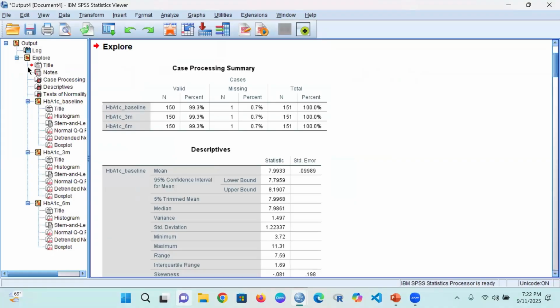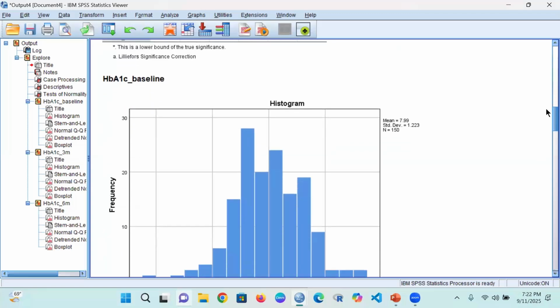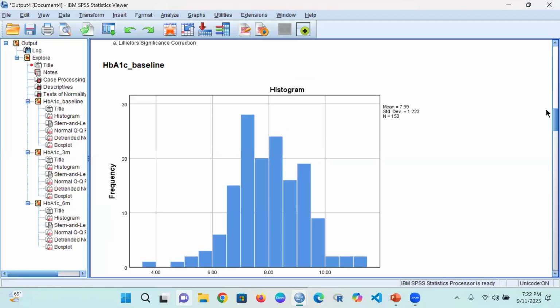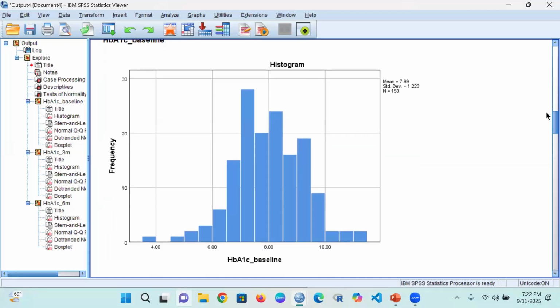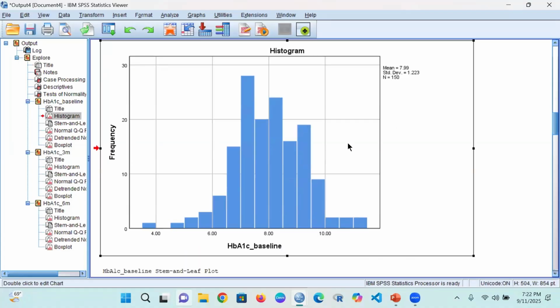After running that, we were explained about the case processing summary, which includes the number of the sample, the percent, and the missing data. The most important thing we wanted to check is the normality. First of all, we want to check whether the HbA1c at baseline was normally distributed.